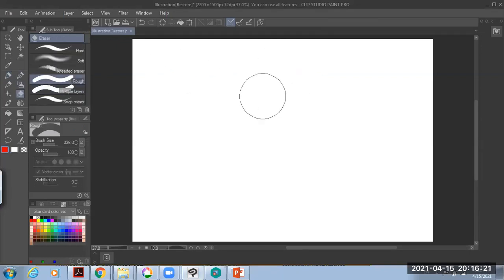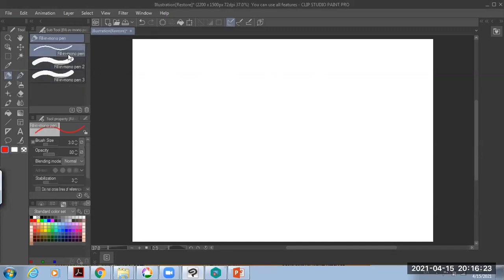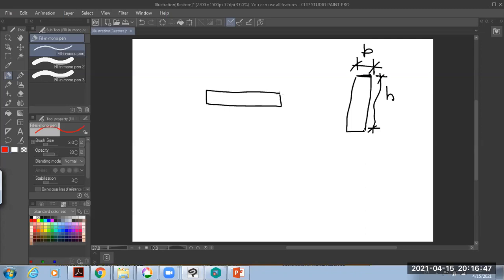If you have a beam with this section, B and H, and another beam with a different section, with B and H rotated.